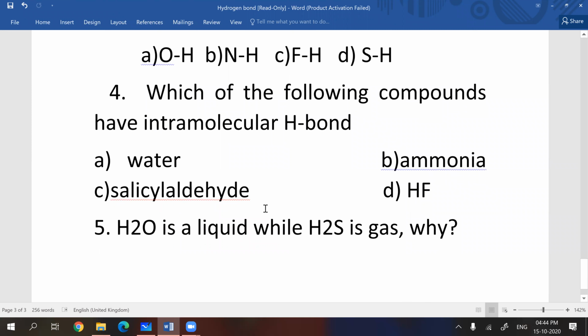Which of the following compounds has intramolecular hydrogen bond: water, ammonia, salicylaldehyde, or hydrofluoric acid? We know water has intermolecular hydrogen bond. Ammonia also has intermolecular hydrogen bond. Hydrogen fluoride is also intermolecular. But salicylaldehyde is an example of intramolecular.